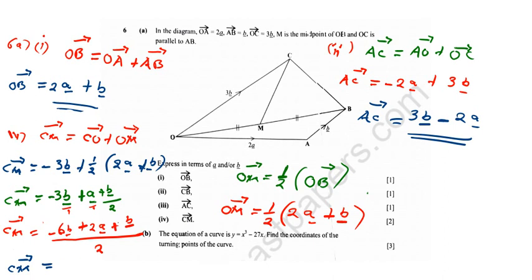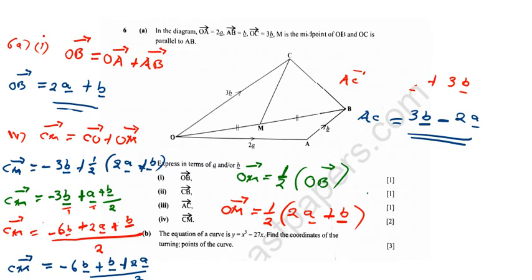Collecting the like terms, I have a negative 6B vector, which is a like term with B vector, plus the 2A vector over 2. So let me just create some space so that we wrap up with this question.